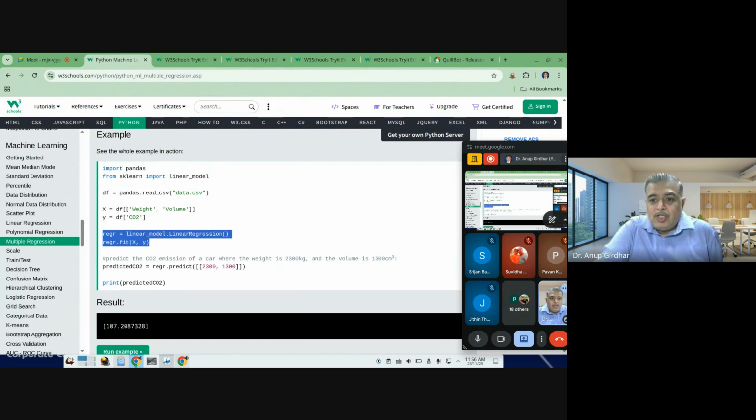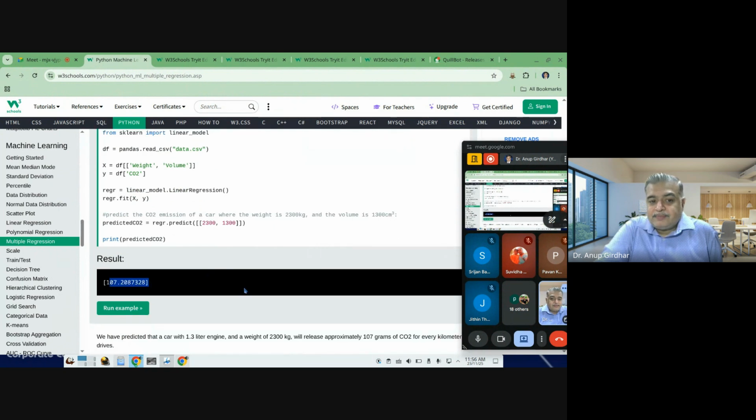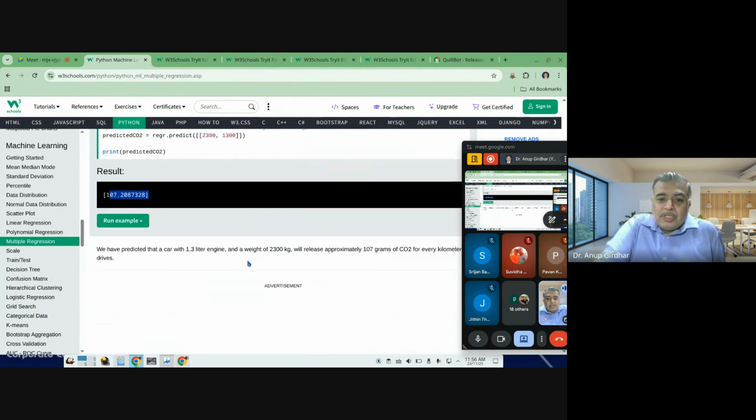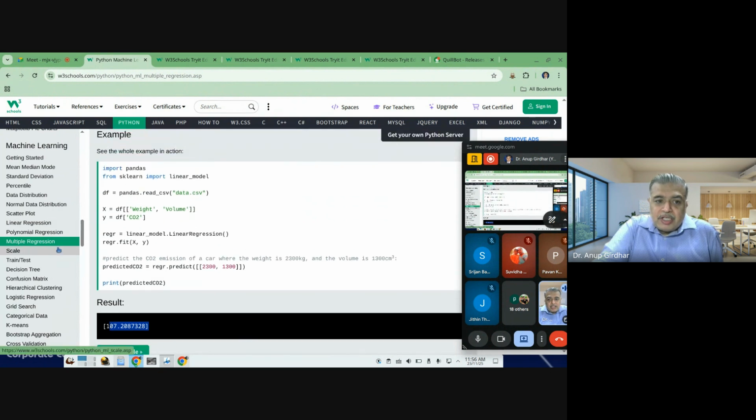You already mentioned this is my data set, and finally we simply go for the prediction. In case the weight and volume of any car is this, what would be the expected predicted value? You can get the calculated value, which is this one. This is how you can handle multiple regression. I hope the concept is now clear about linear regression and multiple regression, right?